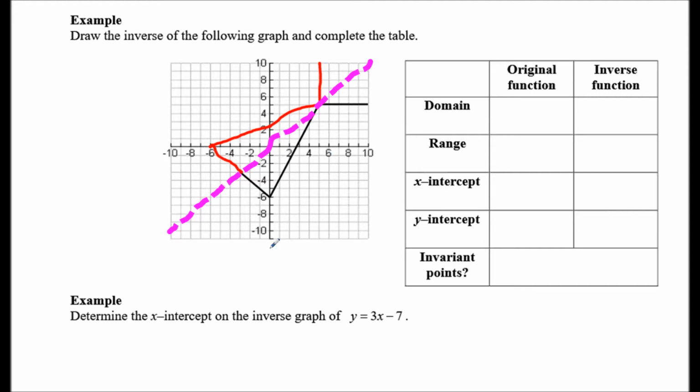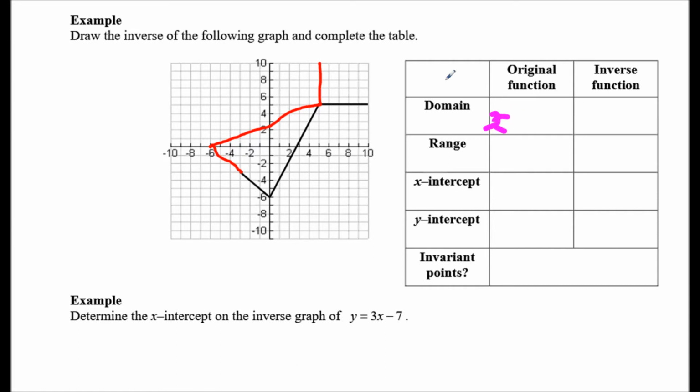I'm just going to get rid of that purple because it's kind of in my way. Let's talk the domain of the original. Are we in agreement that the domain of the original is from -3? I'm assuming this goes on forever. It's going up to 10. So this thing here, I got to fix that coloring.